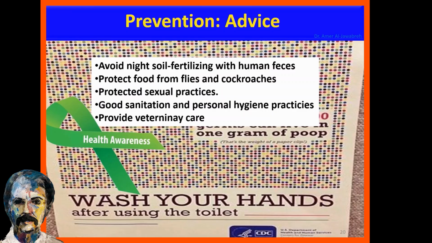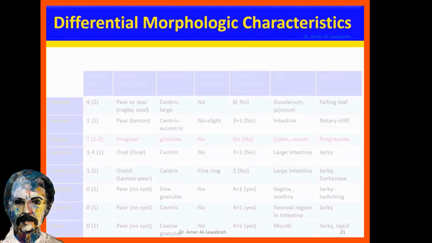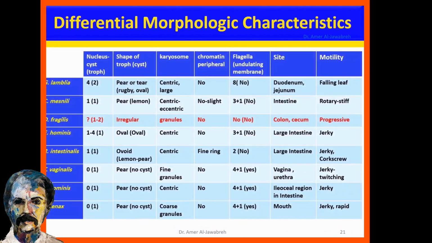You have to be aware of the parasite's life cycle. If you know the life cycle, easily you can prevent. Hand washing is all the time a cornerstone. If you look here, the differential morphology characteristics, the column here is the parasites and the row the characteristics. D. fragilis.